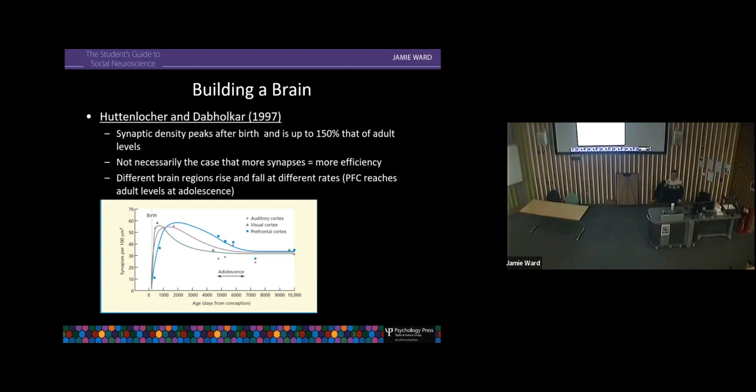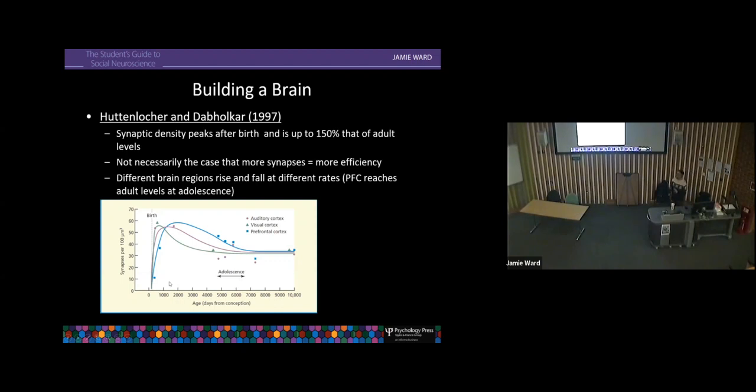This would be pathological, looking at brains being dissected at different ages. Each region of the brain shows this characteristic peak and then fall, that you have more synapses early on and fewer afterwards, with sensory regions peaking earlier and the last region to peak being your prefrontal cortex, your lateral frontal lobes, which you can see reaches maturation around adolescence here.